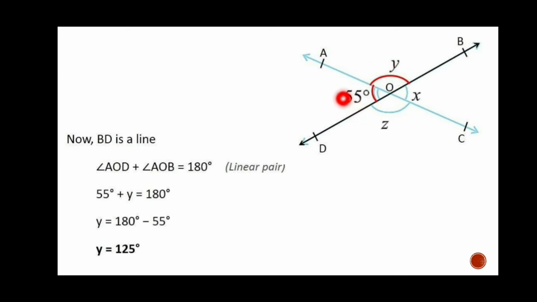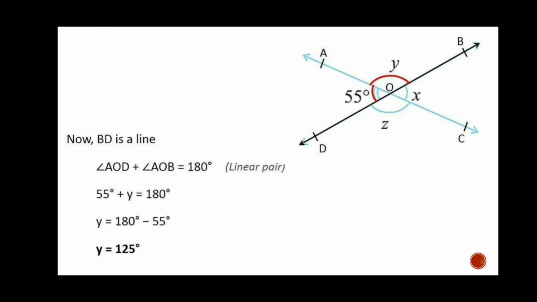So children, if we add these two angles, angle AOD and angle AOB, means y plus 55 degrees, the sum will be 180 degrees because these are linear pair angles. Here we can find the value of y. y will be equal to 180 minus 55 degrees. So what will be the value of y? Here y will come to 125 degrees.